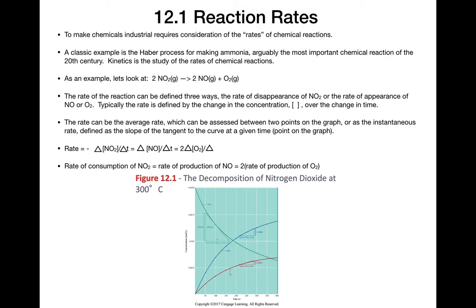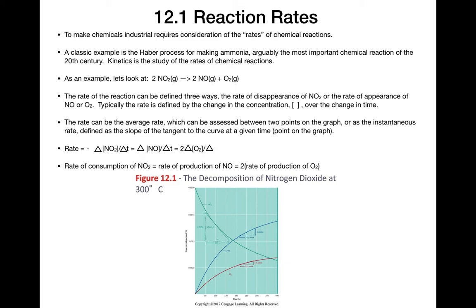Typically for rate, we want to define the rate to be the change in the concentration of these chemicals over the change in time. The rate can be an average rate. You can take two different times and measure the change in the concentration and divide by the amount of time elapsed. Or if you'd like to define the instantaneous rate, you can plot the concentration versus time.